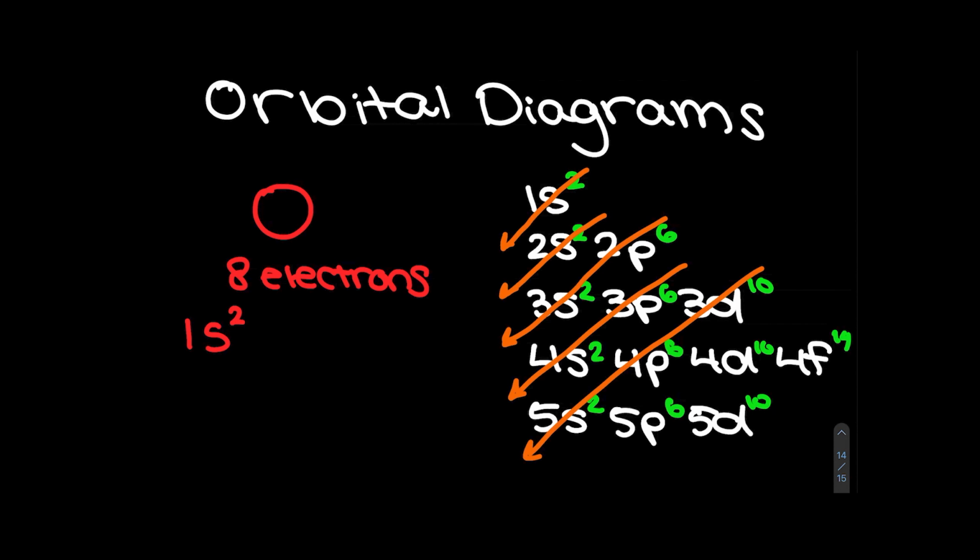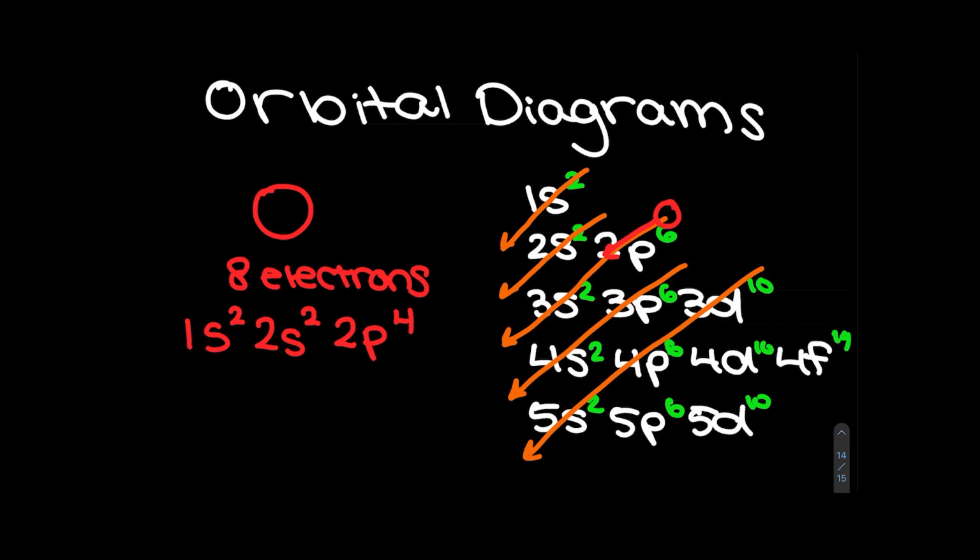The next one would be the 2s subshell, completely filled. Now we have to go up to the third arrow, which is right here, follow it down, and then we get the 2p6, but it's not 6, it's actually 4, because we want to make sure that we get 8 electrons.